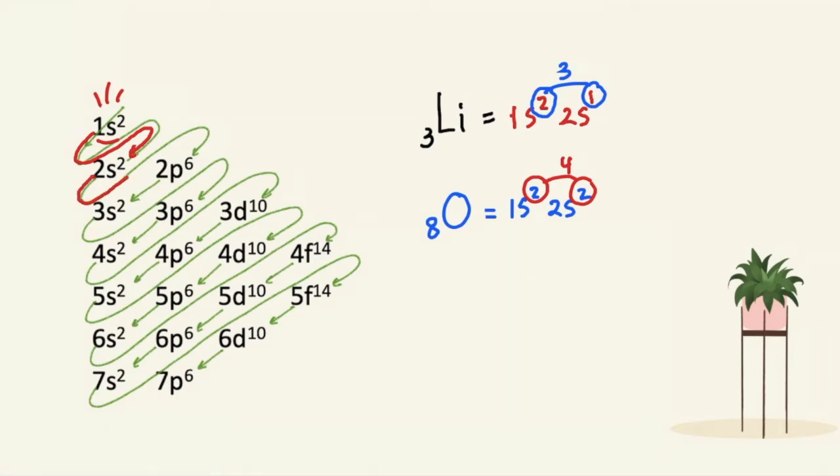The next is 2p6, but in oxygen there are only 8 electrons, so we only need to put 4 here. So we distribute the 8 electrons in these 3 subshells.